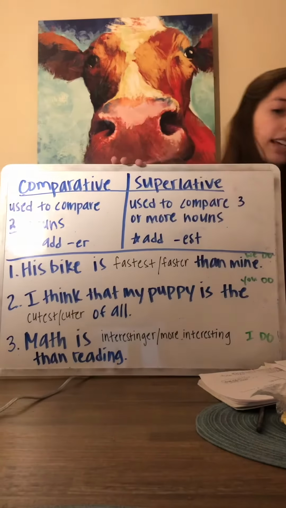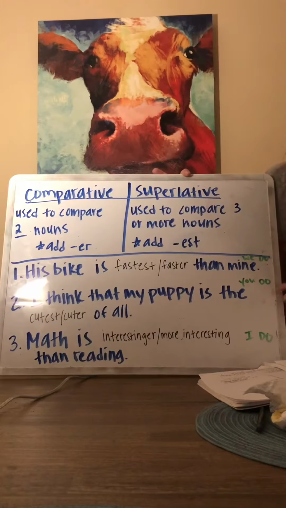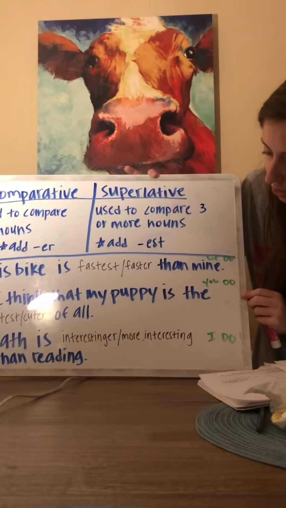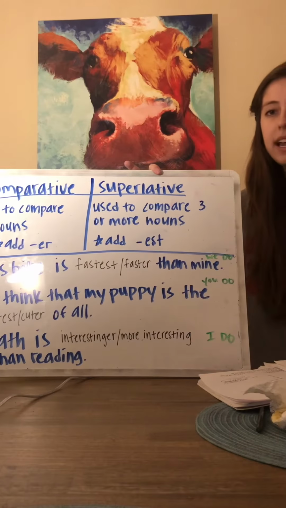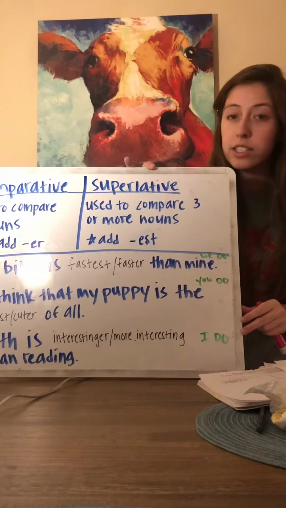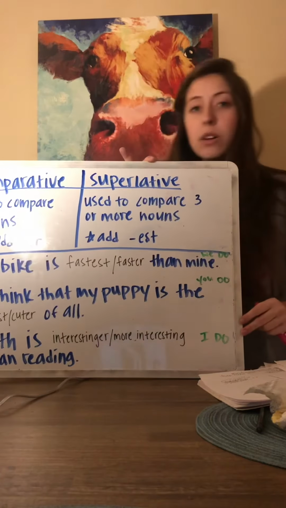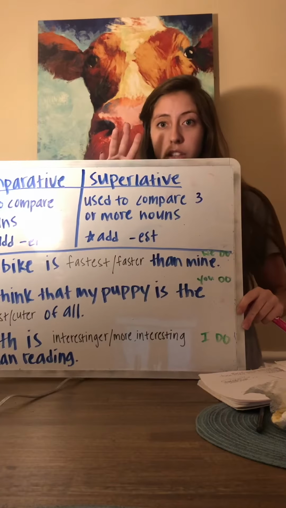Now the first one is at the bottom and it says, math is interestinger / more interesting than reading. So in this case, I know my adjective is the word interesting, but I have to use it in the correct format. So I have to decide if I'm comparing 2 things or if I'm comparing 3 things.